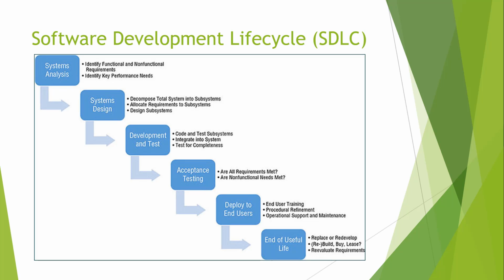Test and development, we're looking at coding and testing the modules, integrating into a much larger system, and then we're testing for completeness. 4th step, we are looking to ensure that we have met the requirements that we were identified and that we were scoped to do in the system analysis area.